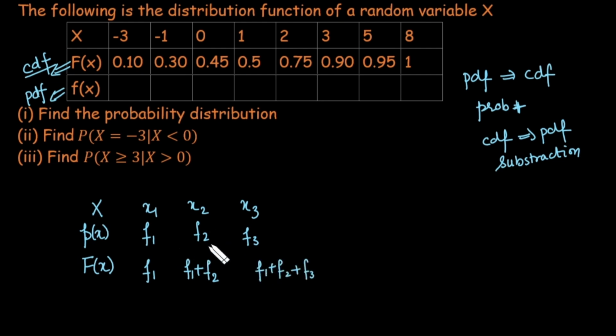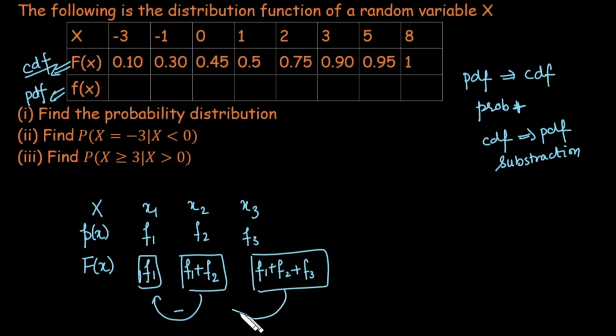So अगर आपको ये value calculate करनी है f2 from here, how can we calculate that? It is like this number minus this, that will give you f2. और ये f3 कैसे आएगा? This number minus this. So simply ये concept follow करके हम probability distribution function निकाल सकते हैं.